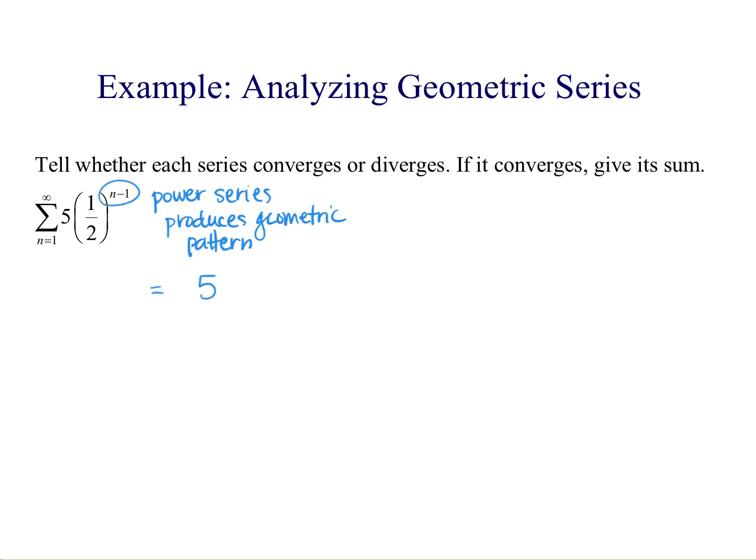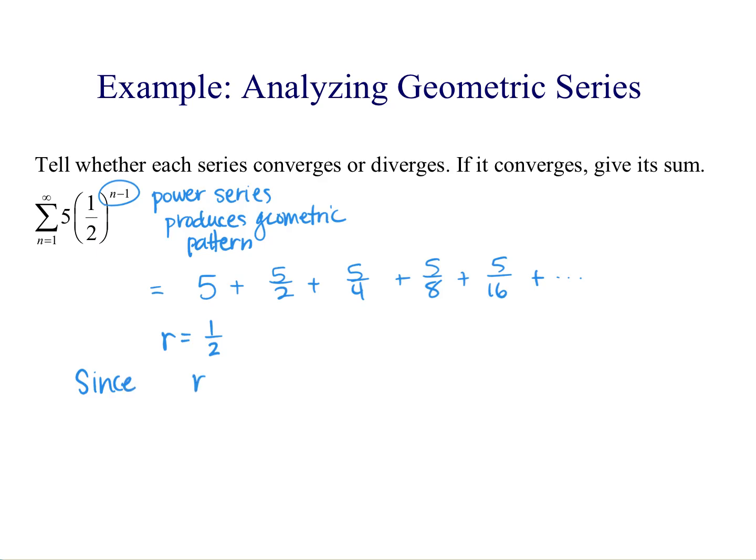You're going to get 5 plus 5 halves plus 5 fourths plus 5 eighths plus 5 sixteenths plus ... You should be able to pull out what the pattern is being multiplied by every time. Do you see what it is? 1/2. Okay, multiplying every time by 1/2. So r is equal to 1/2.